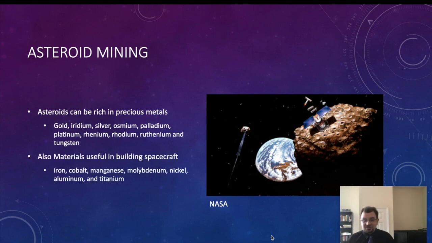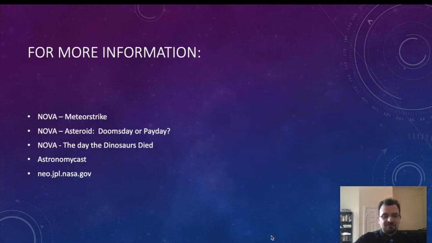And these are also going to be valuable for building spacecraft if we want to become a multiplanetary species. Those materials are things like iron and cobalt, manganese, molybdenum, nickel, aluminum, and titanium. So they are particularly valuable for us if we can capture them and mine them.